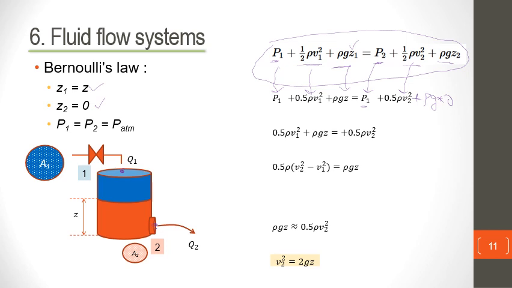Because of that, we can omit this 0 element, and because the pressures are the same, they cancel out. And so we are left with this equation.